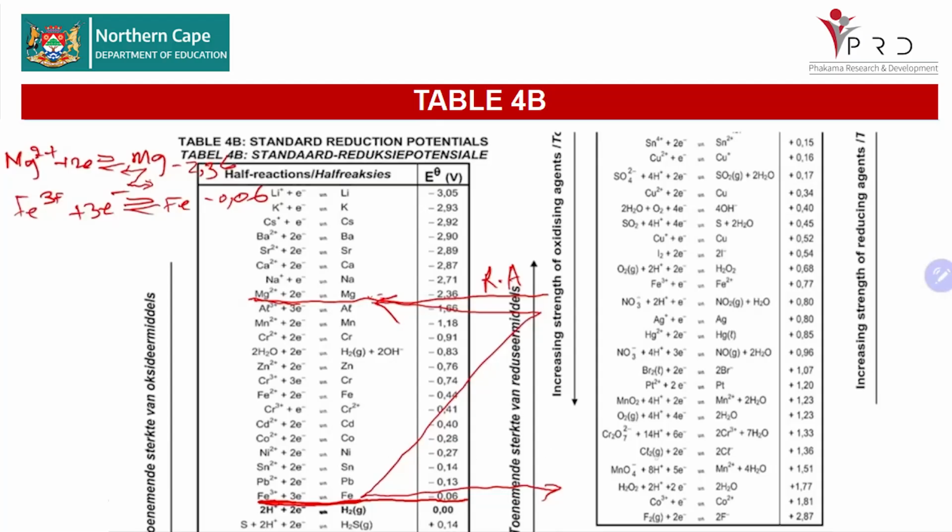Hence, when you make your Z, it shows you that the first one, we're going to write it as Mg forming Mg2+ plus 2 electrons. And the second one, we write it the way it appears, we don't change it, hence the Z is going that side. So this one will be Fe3+ plus 3 electrons, forming Fe.